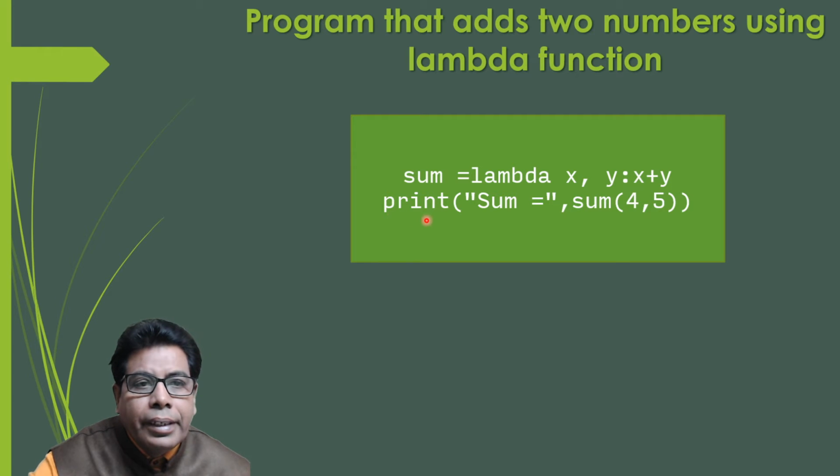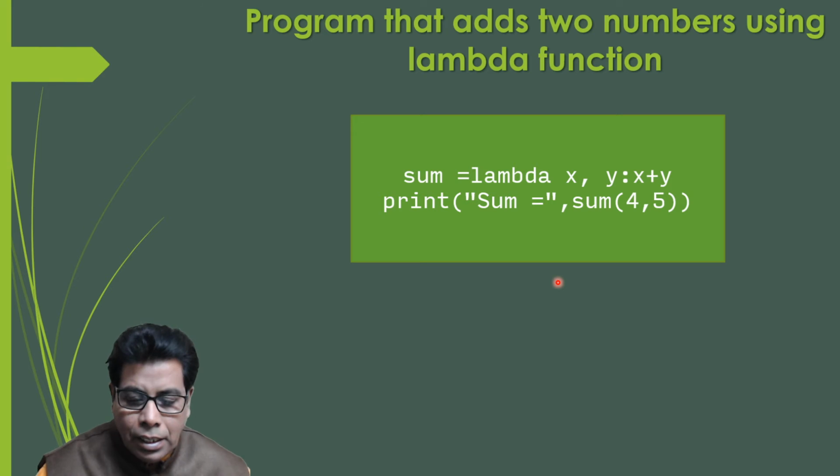We are printing sum is equal to sum. Here we are calling the sum variable with arguments 4 and 5, so naturally it will calculate the sum of 4 and 5 and we will get the result as 9.